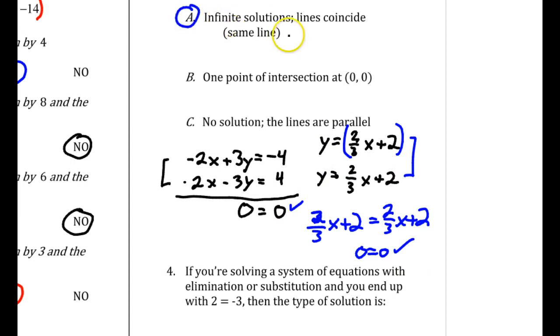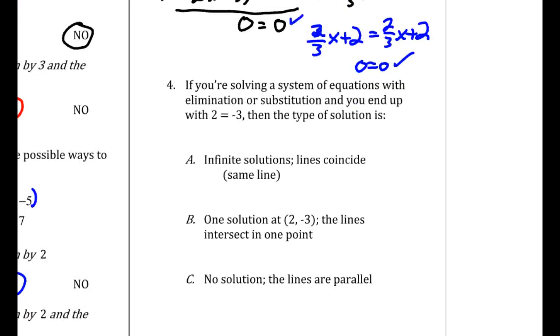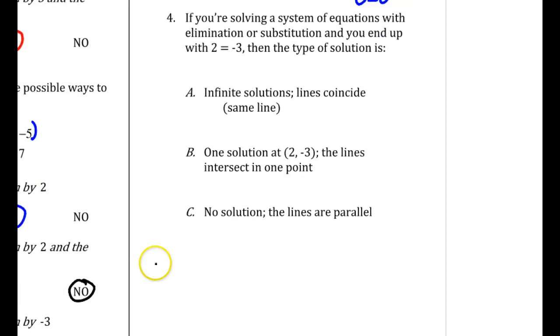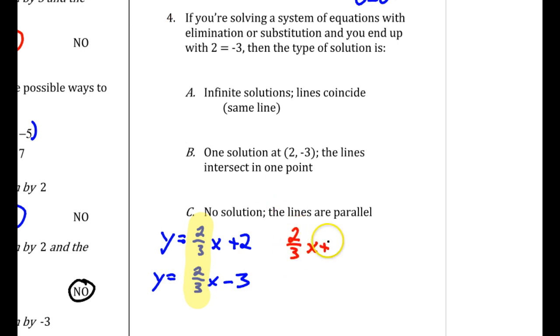So remember, infinite is associated with when you get a true answer. Same thing. And then here's the other case. Well, what if you had y equals 2/3x plus 2, and then y equals 2/3x minus 3? So from here you can see these are parallel lines, same slope, right? If I solve these using the substitution method, I'd have 2/3x plus 2 equal to 2/3x minus 3.